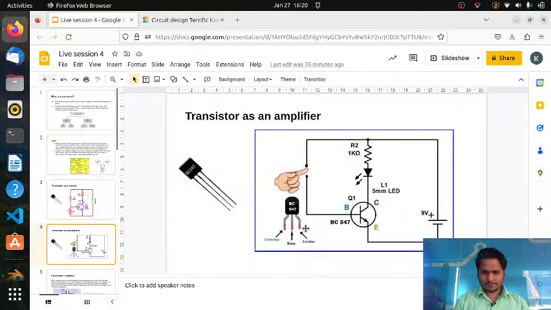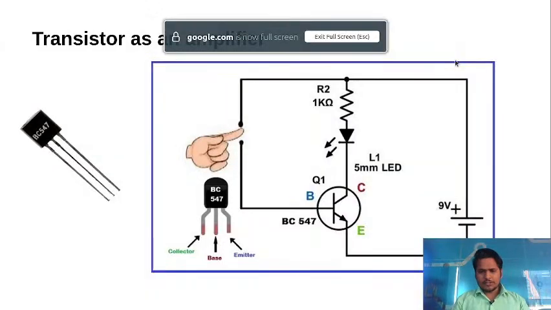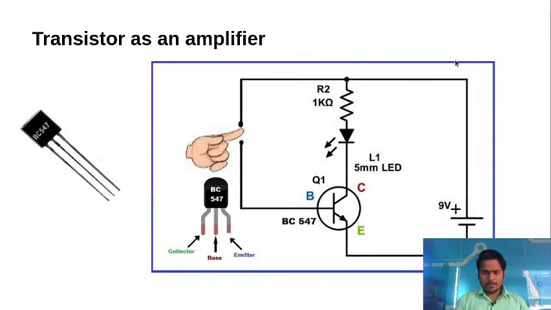Yes. So basically this is the diagram which we are going to implement now. But before that, let me explain this circuit. As I told, we have to apply at least 0.7 volt, then only the transistor will be in closed state. Here at the base we are going to test these two wires.